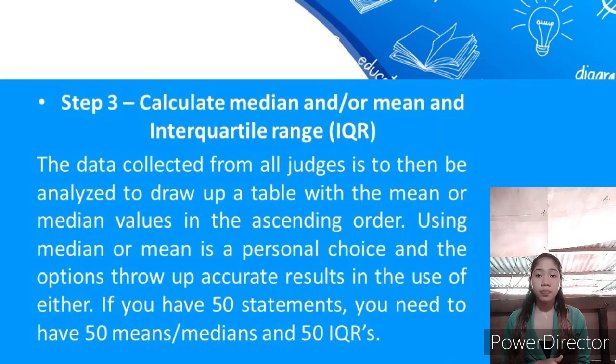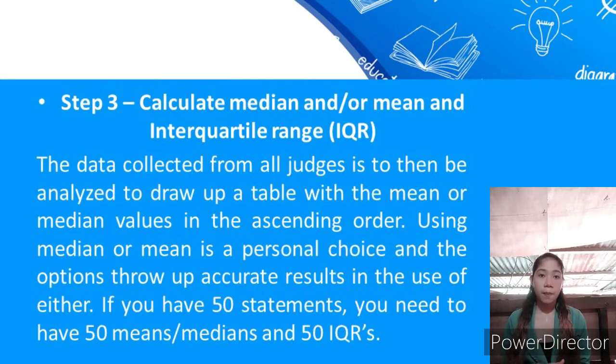Then the third step is to calculate the median and or mean of the interquartile range. The data collected from all the judges is then analyzed to draw up a table with the mean or the median values in descending order. Using median or mean is a personal choice, and the options throw up accurate results in the use of either. If you have 50 statements, then you need to have 50 means and 50 IQRs, or interquartile ranges.